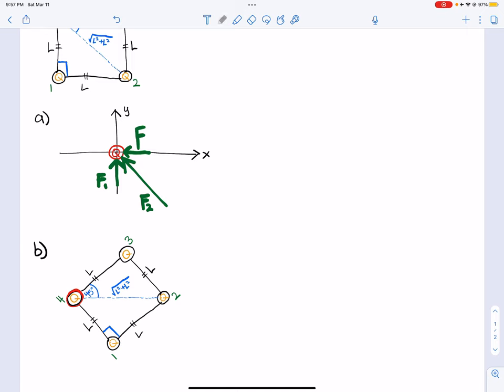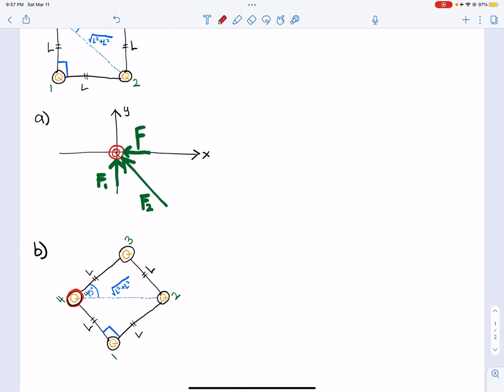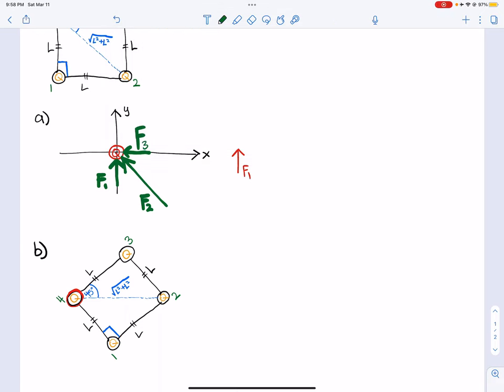So if you notice here in part A, I wouldn't have any forces canceling out, right? Because I have F1 going in the positive Y. Oops, this was supposed to be F3. Okay, and then I would have F2 coming in at an angle right here at 45 degrees.